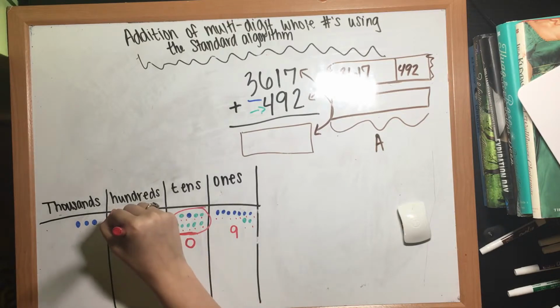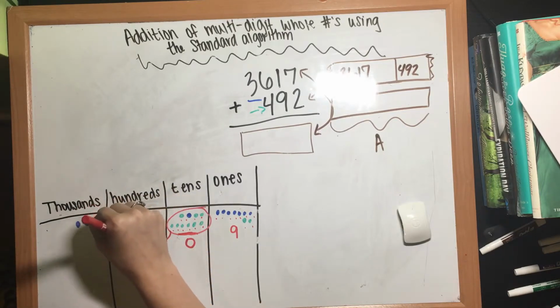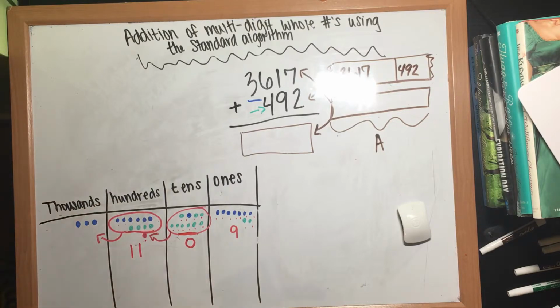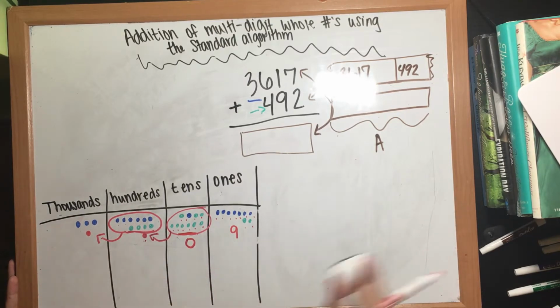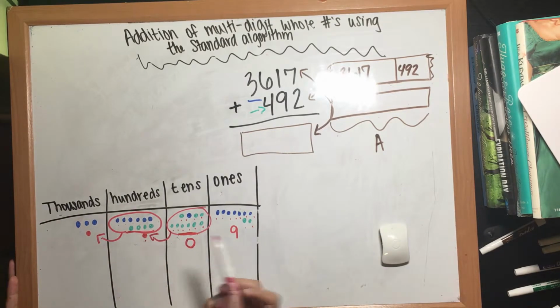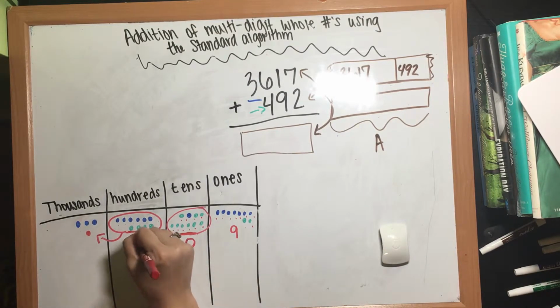We're going to take these 10 and bump them over to the thousands place. 10 hundreds is the same as 1,000. So now that we've moved the 10 over, this is incorrect. I have 1 disc left, the one that I carried over from the tens place. So I'm going to put a 1 here.